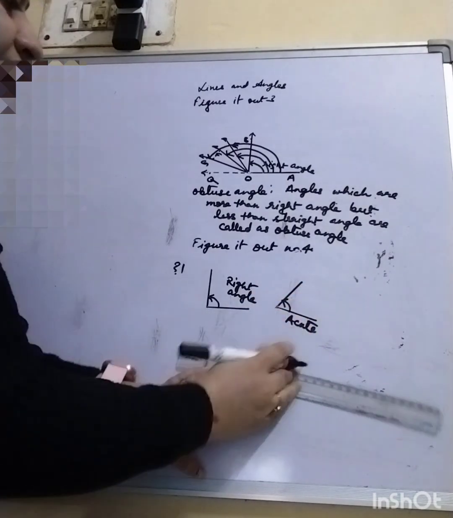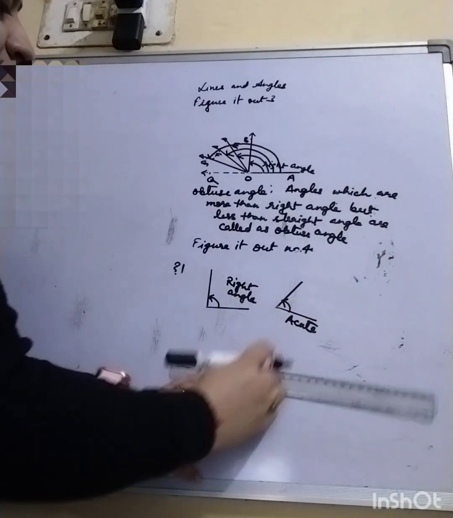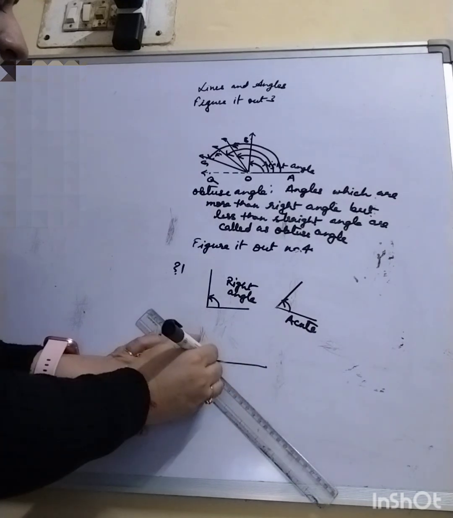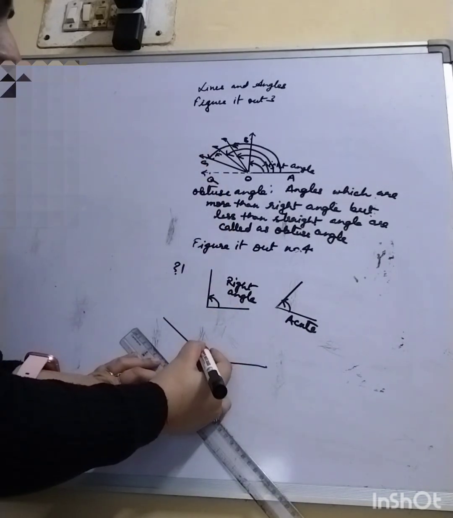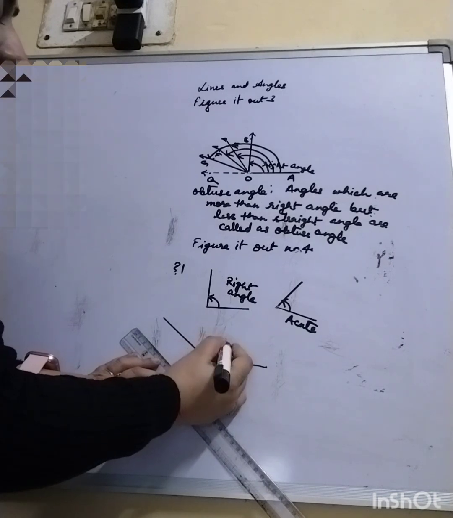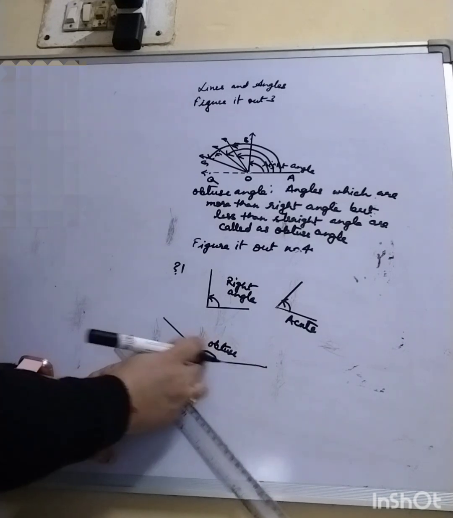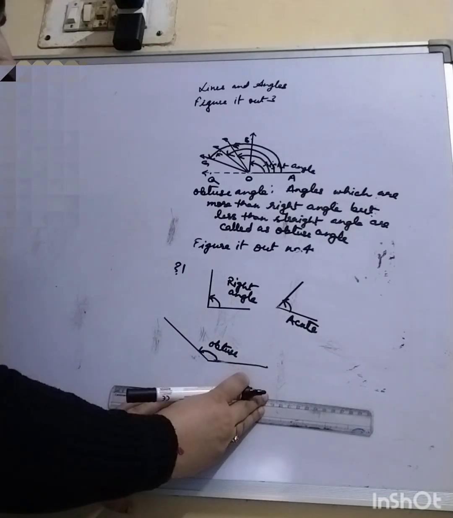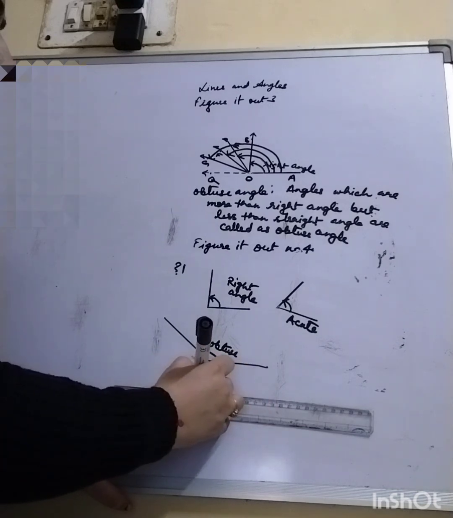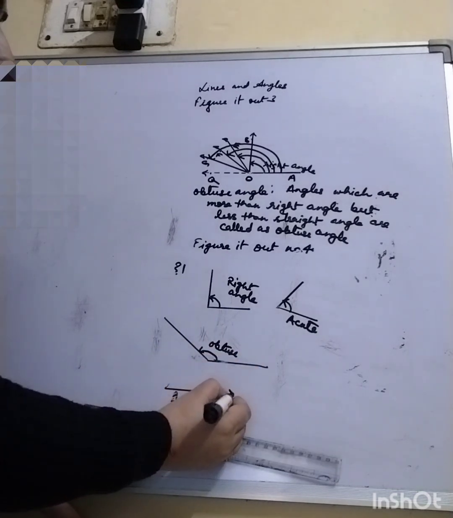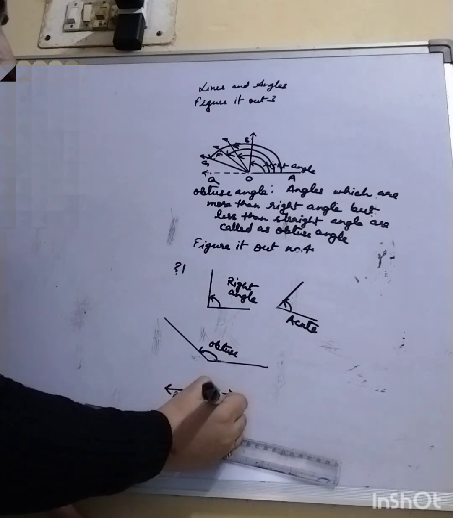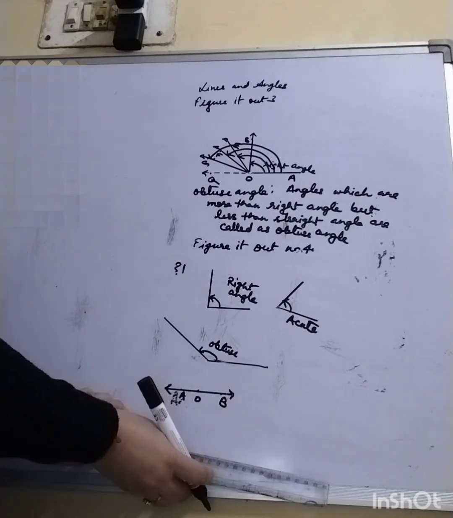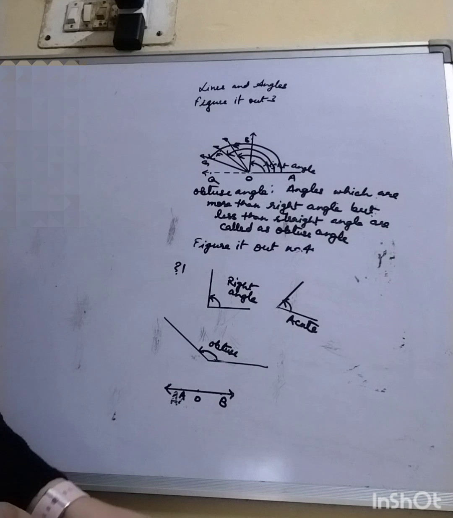And if the turning is more than a right angle, then that would be an obtuse angle. So this is our definition, and it should not be a straight angle. What is a straight angle? When two rays are exactly opposite to each other, then that is a straight angle. So like this you have to classify.